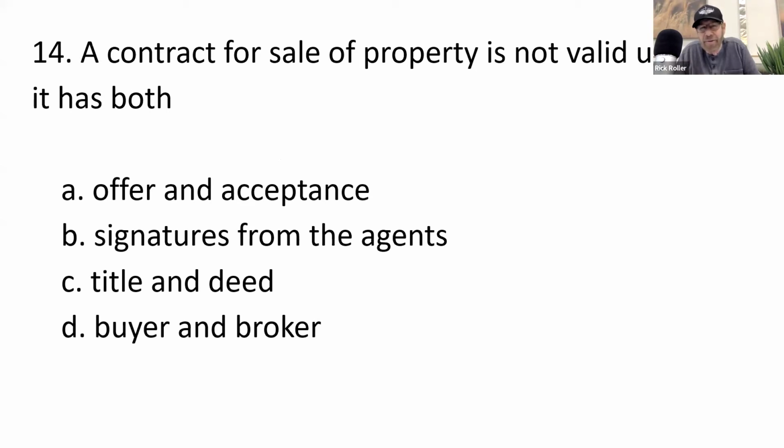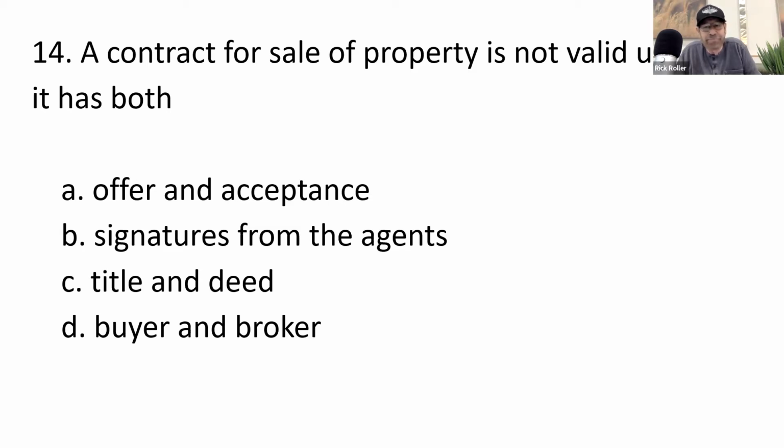A purchase contract. Nope. Title and deed. Title is something abstract. You can't touch that. A deed is a piece of paper that transfers this intangible concept of ownership called title. And they're both important, but they have nothing to do with the valid contract.